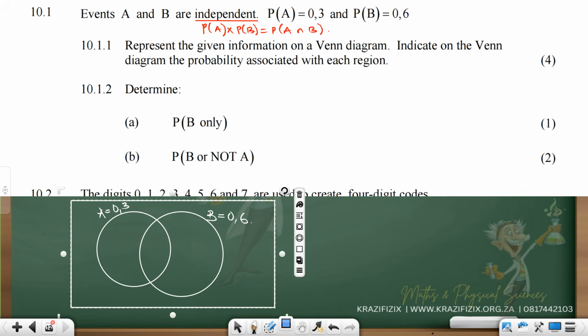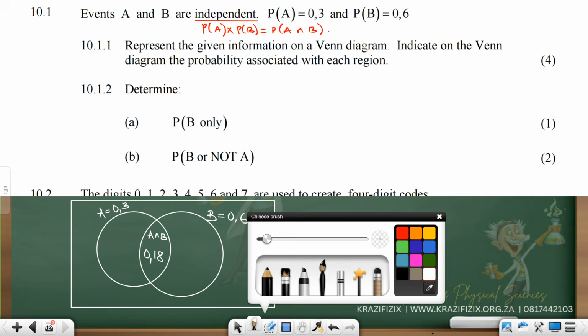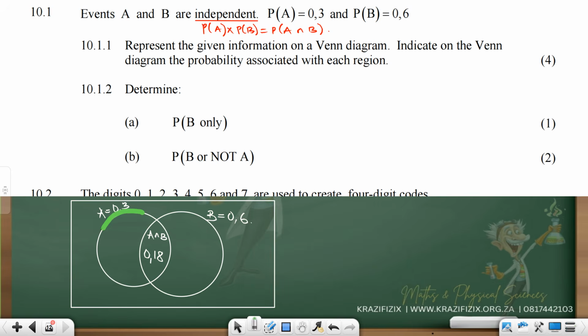Because these events are independent, what is the probability of A and B, the intersection? 0.18, by that formula I wrote on the board. I hope you all know how I got that 0.18. It's 0.3 times 0.6.